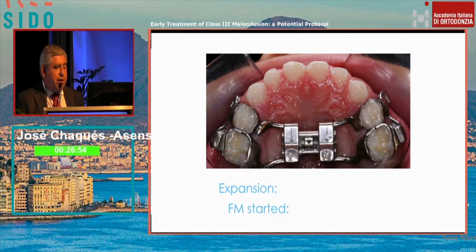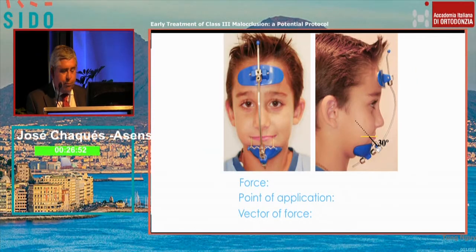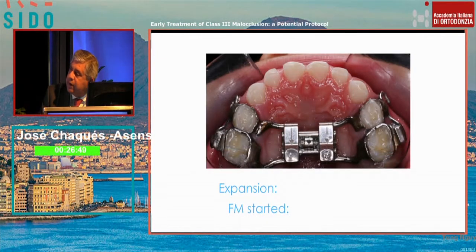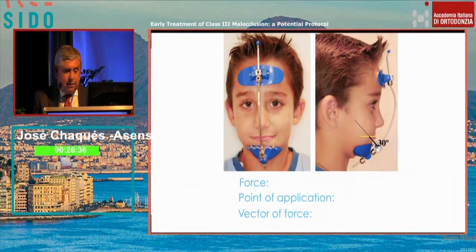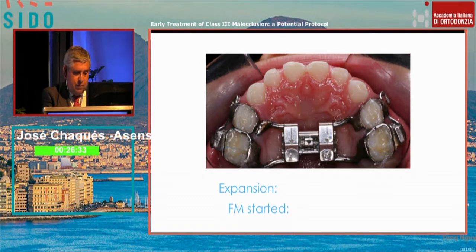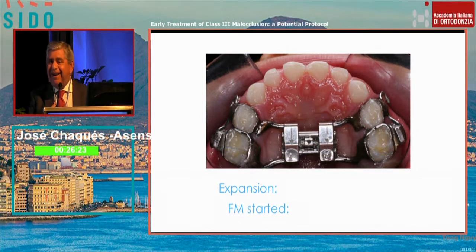And we decided to treat the patient with a classic protocol of, you don't see the text. Expansion, we do. No, the dates. You don't see the text. No, the dates. We don't see the dates. And I don't see here either. The age. You know, the text after expansion. I don't see it. It's supposed to be there. It was there, I swear. Did you switch from Keynote to PowerPoint or make some changes?